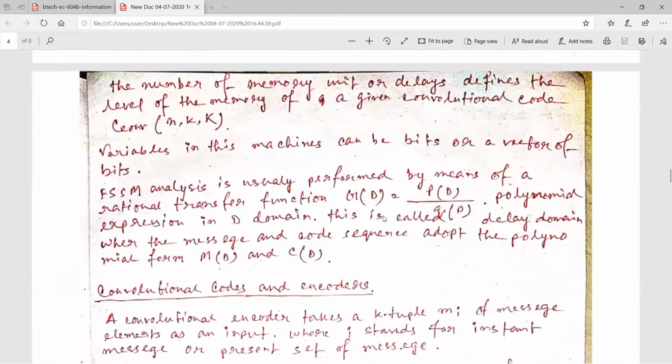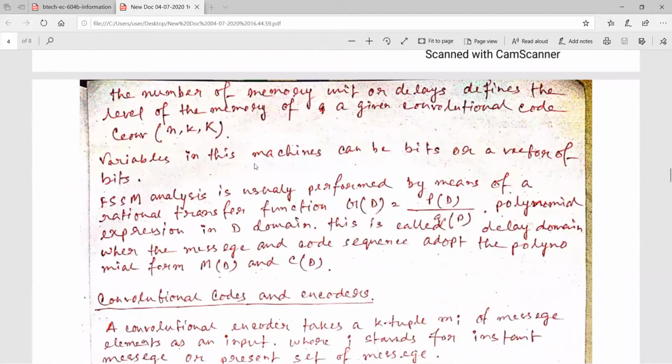This is the encoder conception, and this is very important. How do you define the convolutional code? That means C equals (n, k, K), where capital K is the memory segment, or delay segment, how much delay you are using.